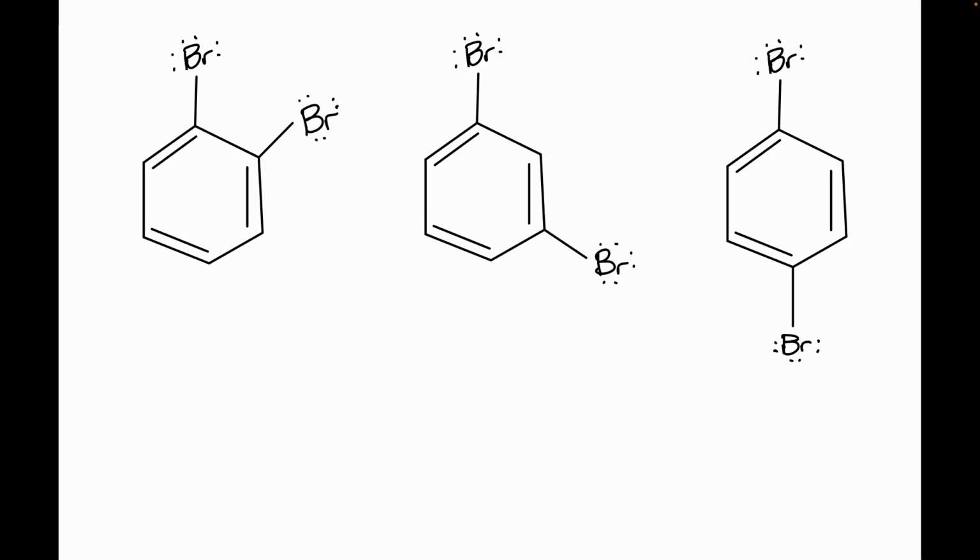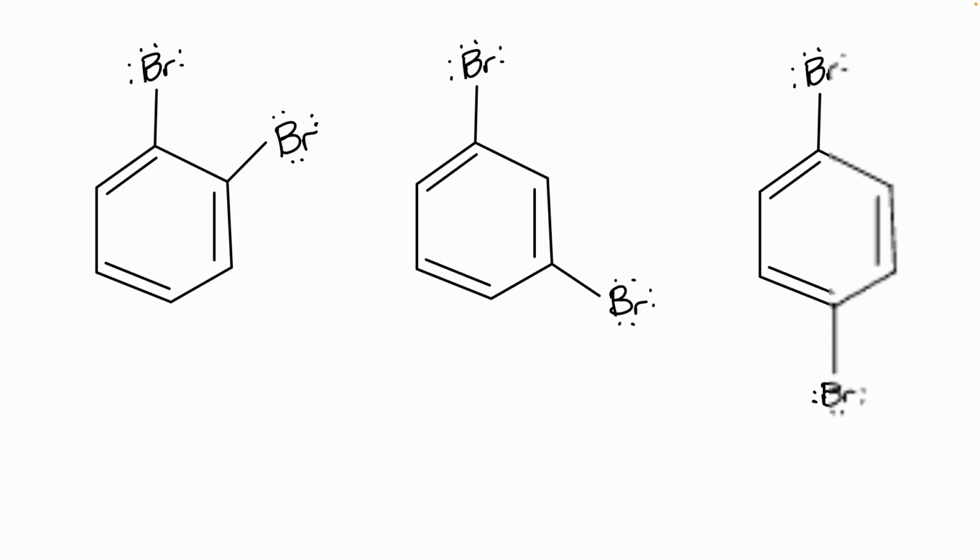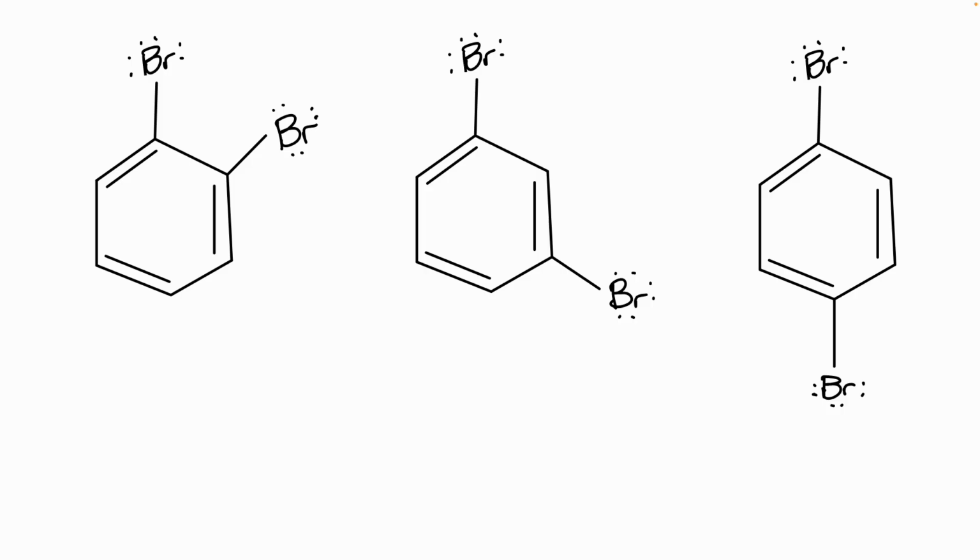Okay? For benzene derivatives, we have a special way of doing it. All right? You could call this 1,2-dibromobenzene, but that's not how they do it in the benzene world. They have specific sort of little names that they use. This would be the ortho. This would be the para. And I'm sorry, the ortho, meta, and para.